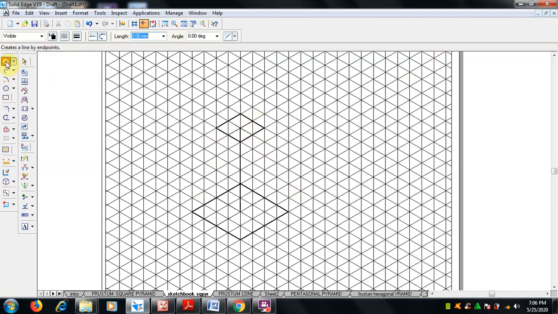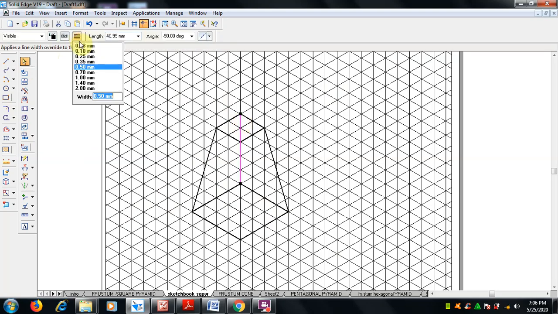Now we are going to join them with the help of the line command. This corner to here, the second corner is here, this to the end point of this, and here to here. So over. The fourth point is invisible. Even if you put it in, it is invisible. We can select this line as 0.13 mm thickness hidden line.